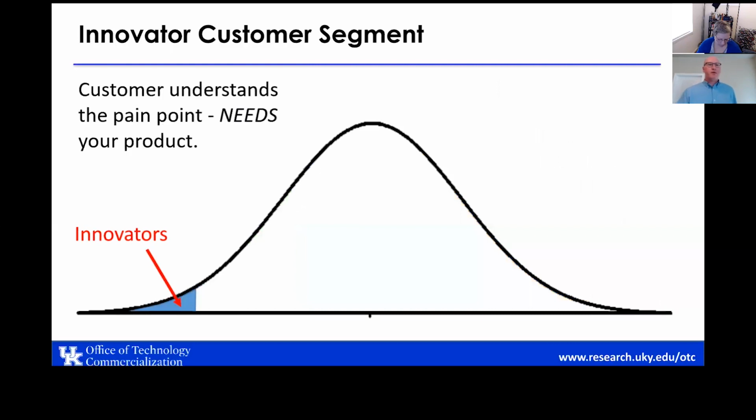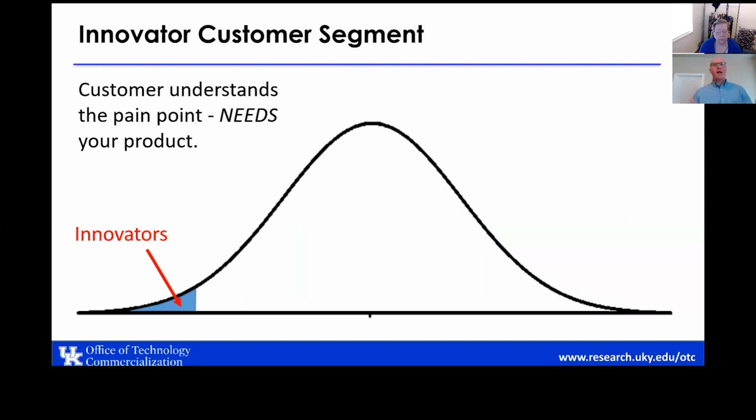So our innovators, they understand the pain point and they desperately need your product. They have a need for your product that they're willing to deal with the fact that it's not perfect. They're willing to deal with the fact that they may have to go through some extra pain in order to utilize your product. Maybe it's not supported by different things.